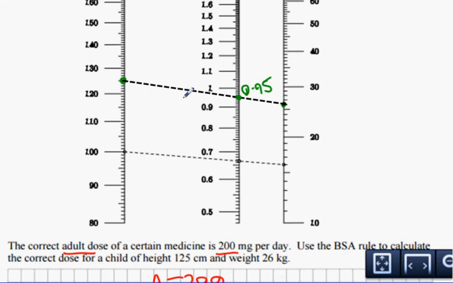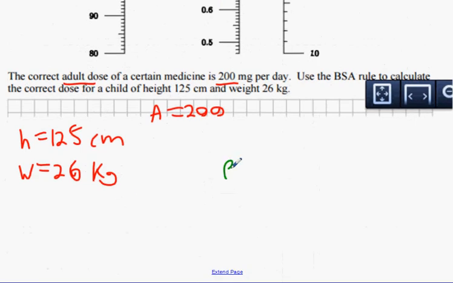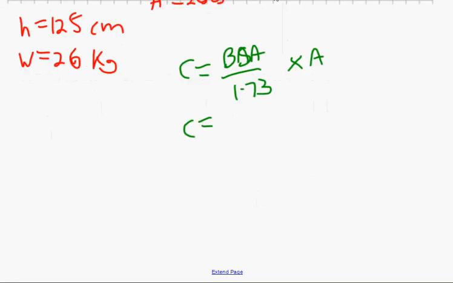0.94 was it in the notes? I'm pretty happy with my 0.95. Okay, if you wrote down 0.94, we're both getting 100%. Doesn't matter. So what happens next is I have to get the BSA divided by 1.73. BSA divided by 1.73 multiplied by adult dose gives you child dose.